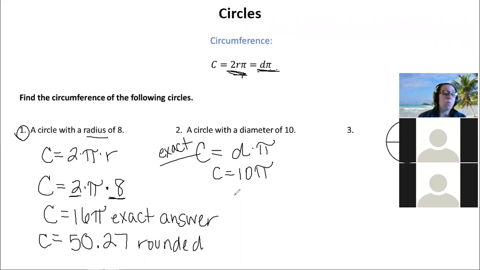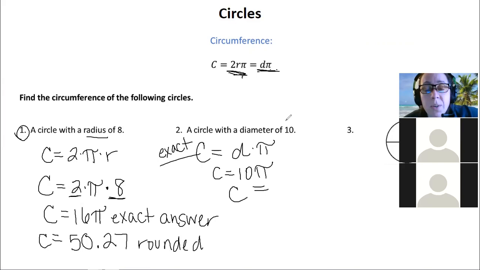Can someone tell me what the rounded answer would be? What is 10 times pi? And you can use your phone calculator. What do you guys get when you go 10 times pi?